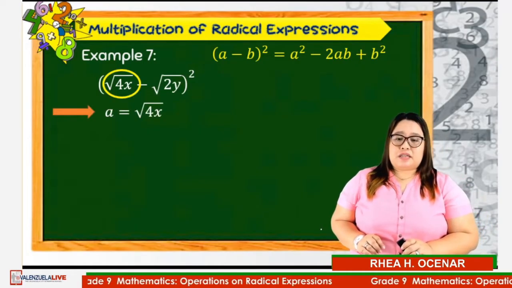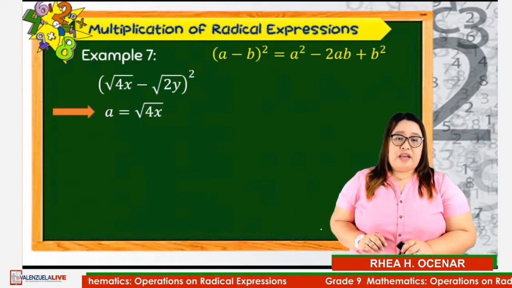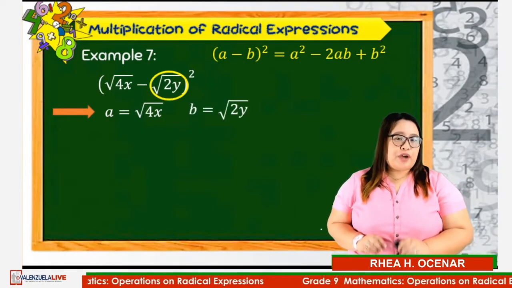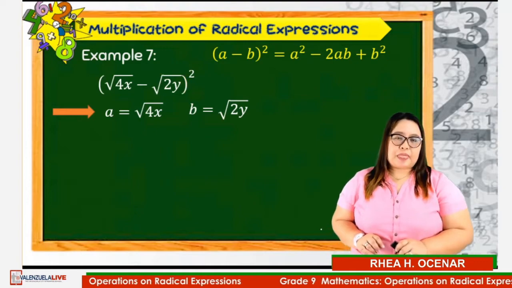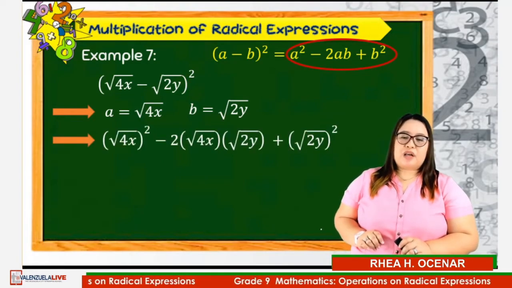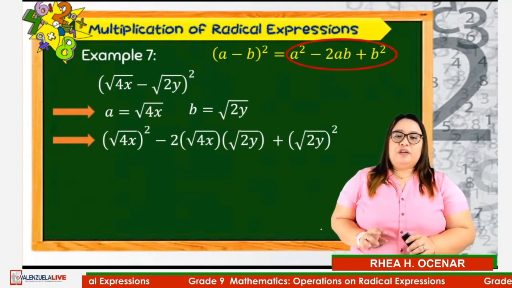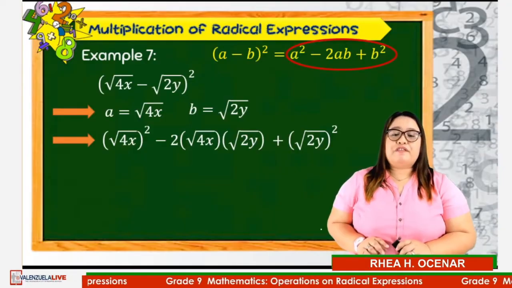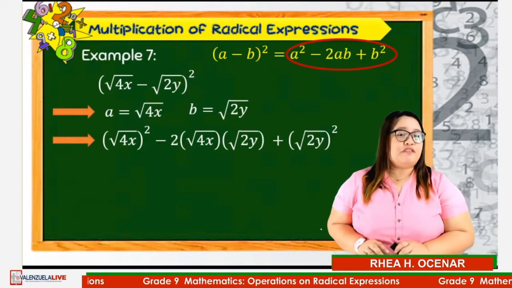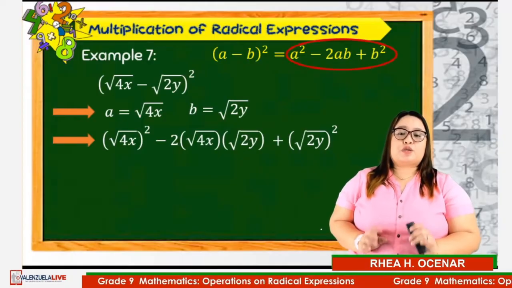Let a be equal to square root of 4x and b be equal to square root of 2y. By substitution, we have the quantity square root of 4x squared minus 2 times square root of 4x times square root of 2y plus the quantity square root of 2y squared.